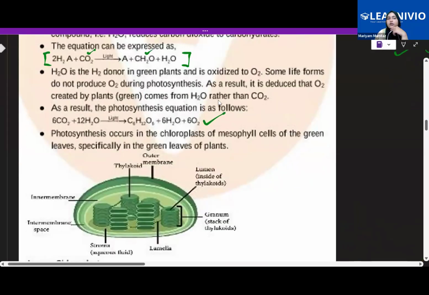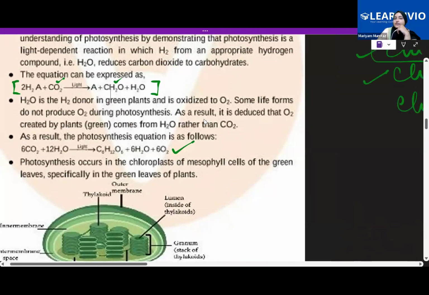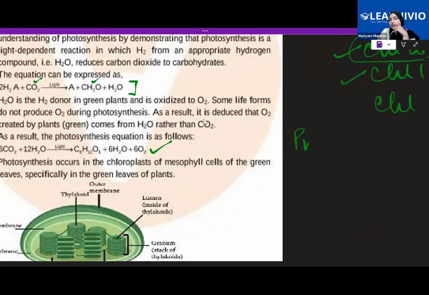Also this procedure wherein the oxygen molecule is released from the water splitting is also called photolysis of water. Splitting of water is photolysis. The word lysis means breakdown or splitting, and the word photo means the light.